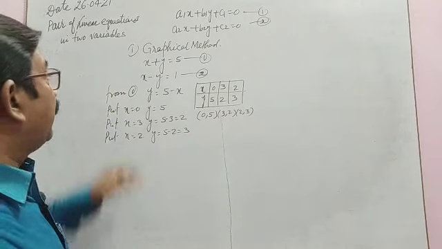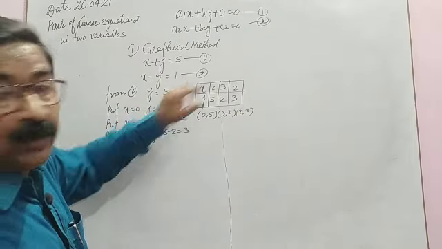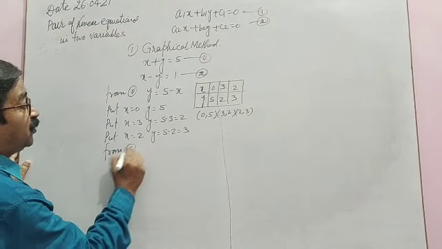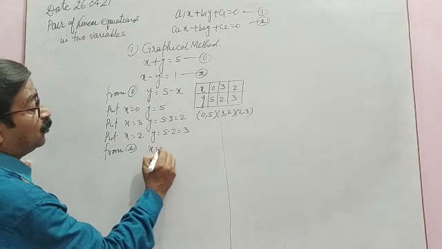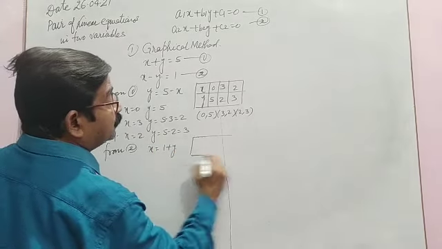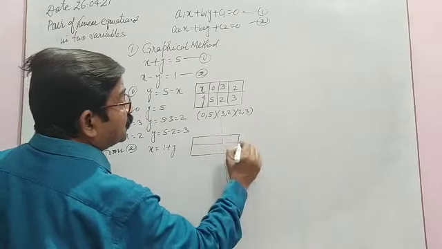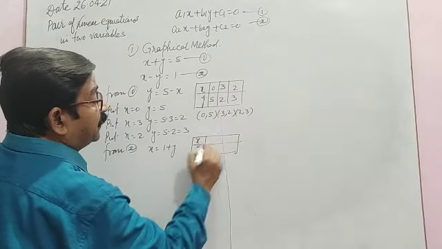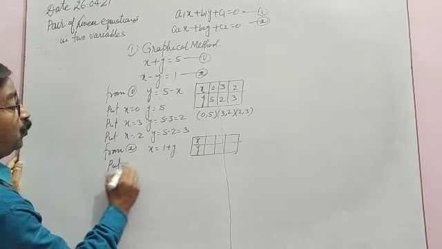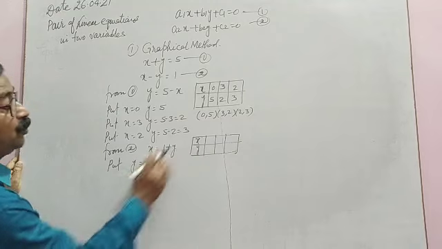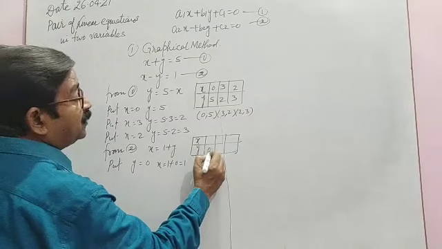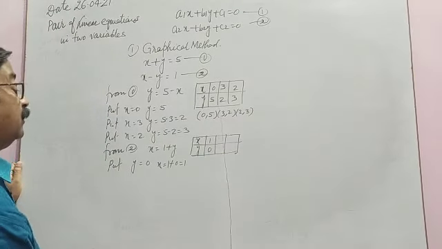Similarly, we find the solutions of equation number 2. From equation 2 we get x is equal to 1 plus y. Again, make a box for at least three solutions of x and y. Put y is equal to 0, then x is equal to 1 plus 0 is equal to 1.